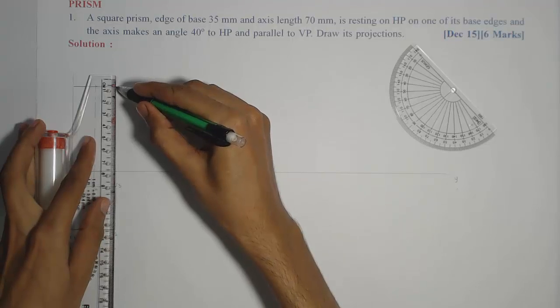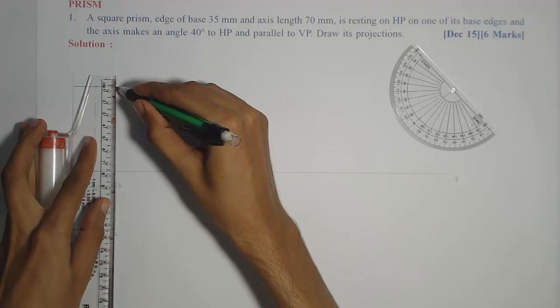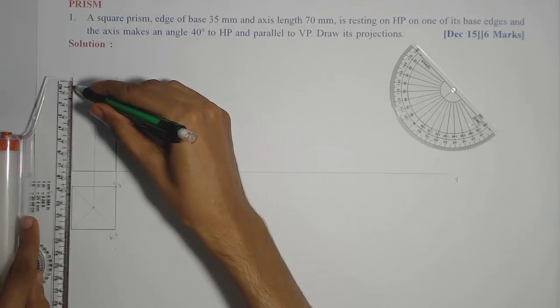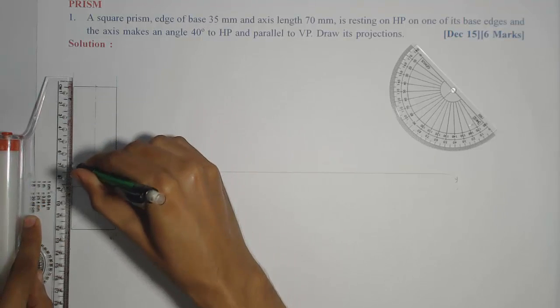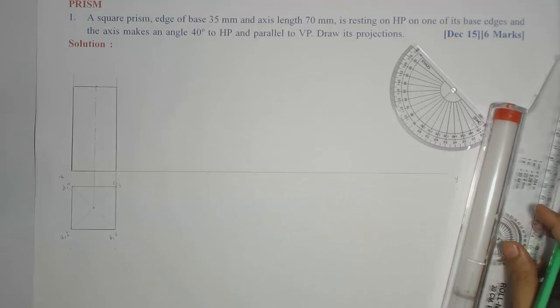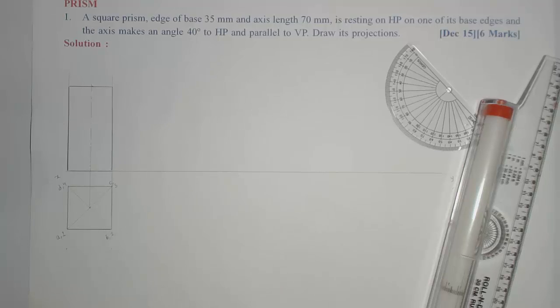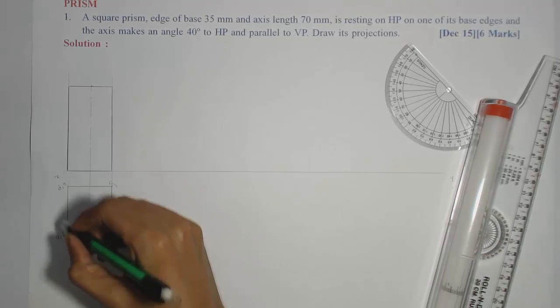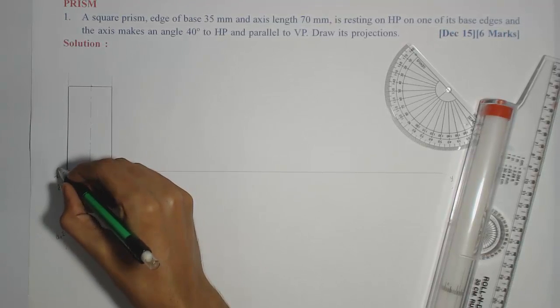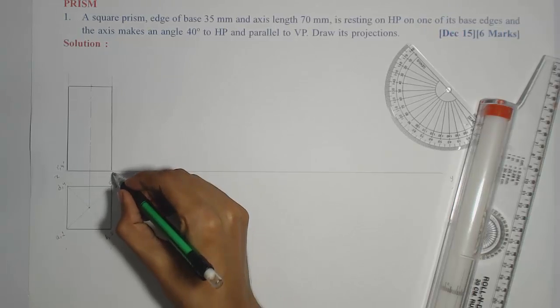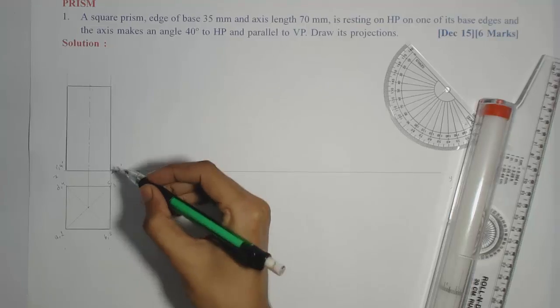Again, I need to give the notations in the top view and front view also. Since we have decided ABCD is the top base and 1, 2, 3, 4 is the bottom base, but again here 1 and 4 will coincide in the front view, so I'll denote 1 dash 4 dash and here 2 dash 3 dash.